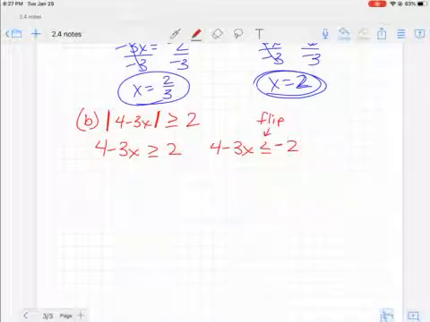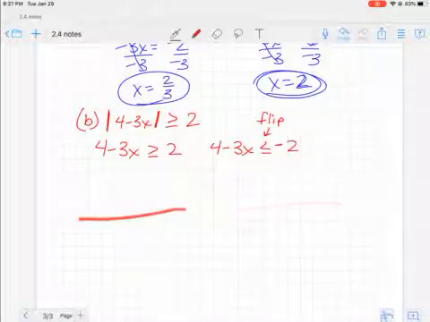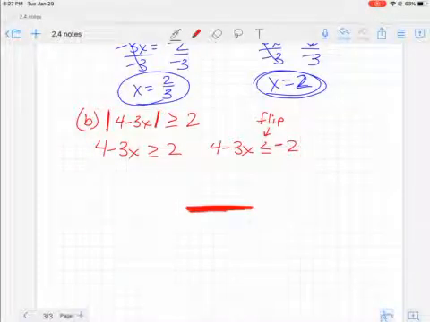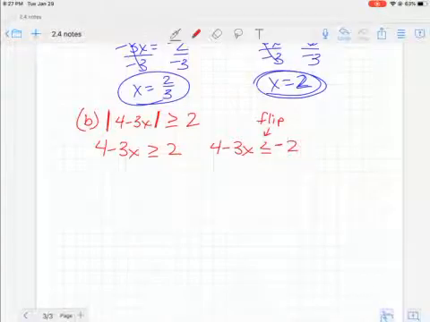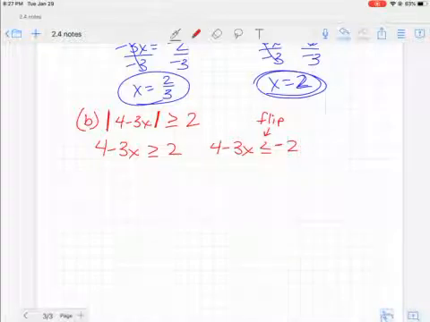Now, from what we just talked about, am I going to be shading to the outsides or am I going to be shading to the inside? Yes, to the outsides. It's greater than 2, so I'm shading to those outsides. Good. It's always nice to just have that check in your mental capacity just to see what's going on. Let's see how this pans out.